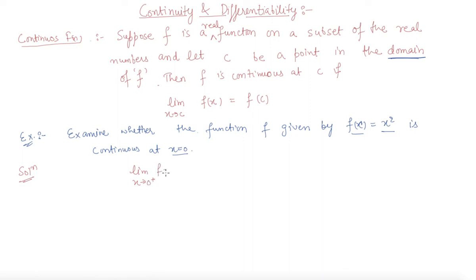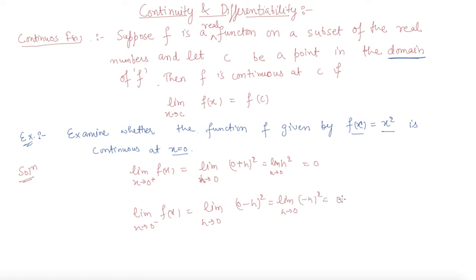First, the right hand limit: limit h tends to 0 of (0 plus h) square, which is h square, and the limit is 0. Now the left hand limit: limit h tends to 0 of (0 minus h) whole square, which is again 0.